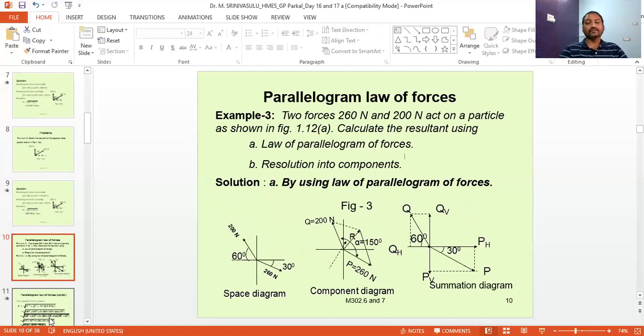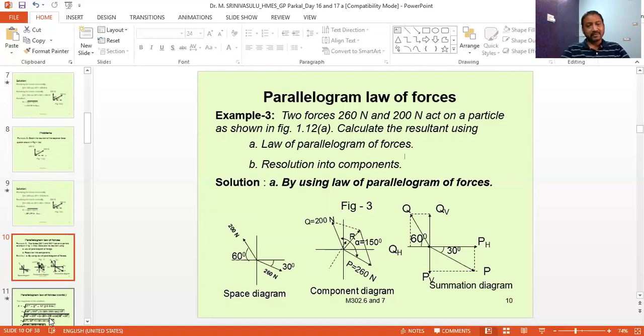Now, this is the problem on the parallelogram law of forces and also resolution of the forces. So here the problem is given. In this case, we need to find out the magnitude of the resultant force by two methods.